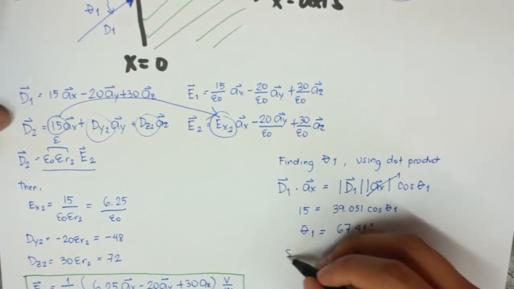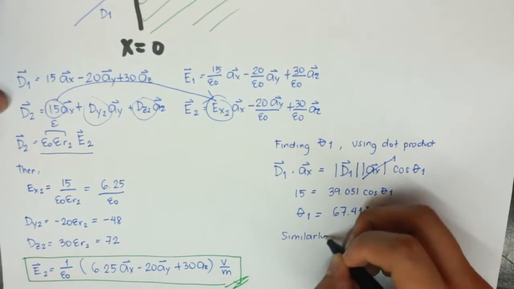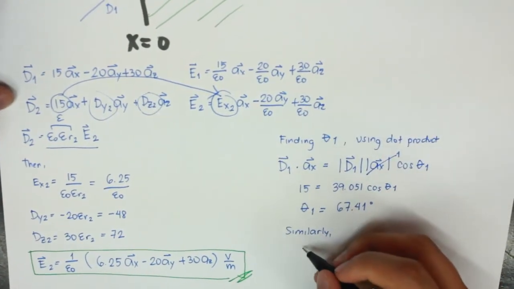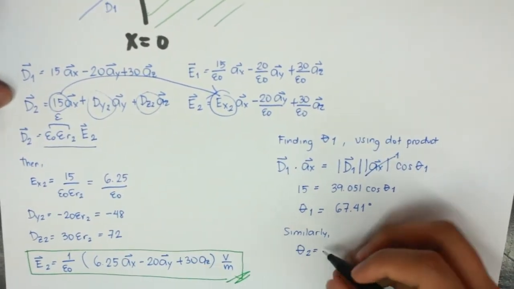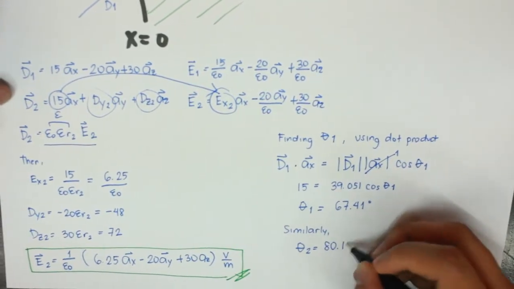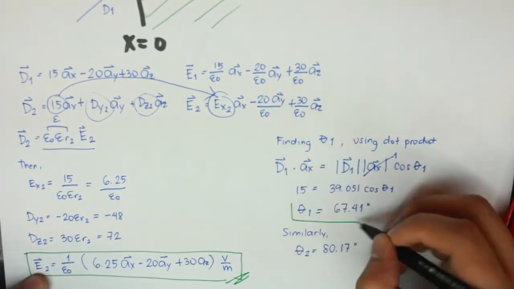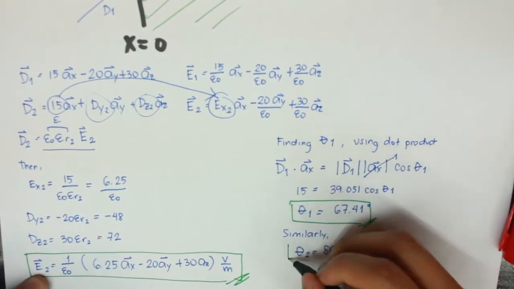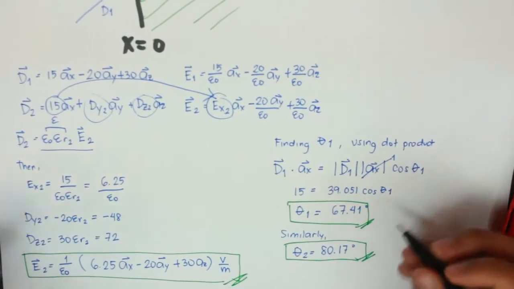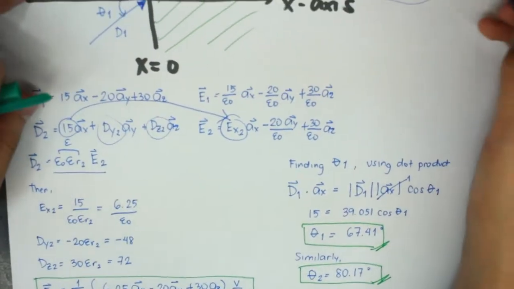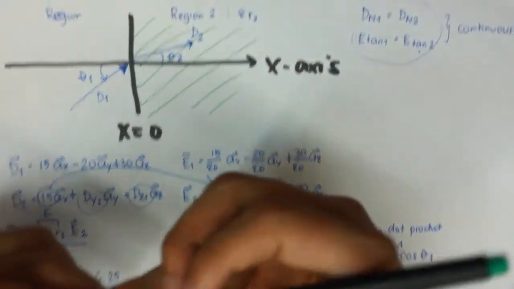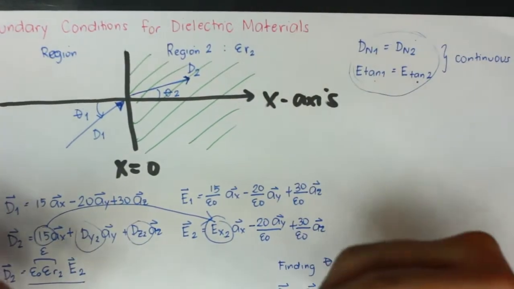And similarly, using D2 for theta 2, you can solve for it. So, that's 80.17 degrees. So, sa problem na to, wala namang strange dito sa ganitong problem. So, as long as we adhere dun sa mga boundary conditions, we can solve these kind of problems.